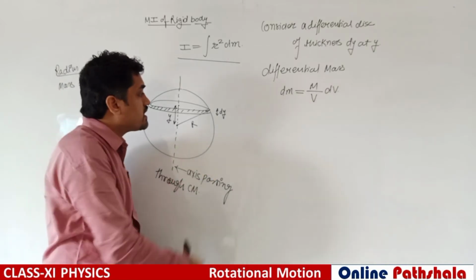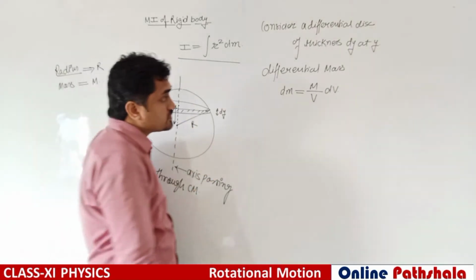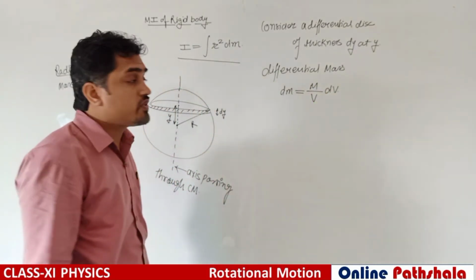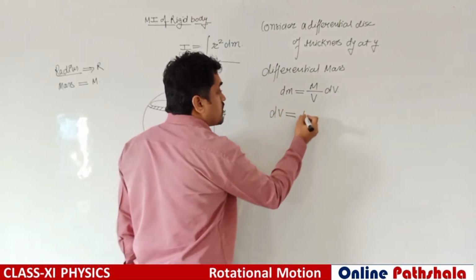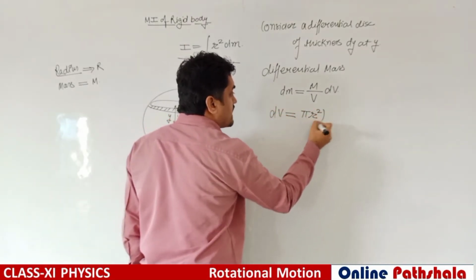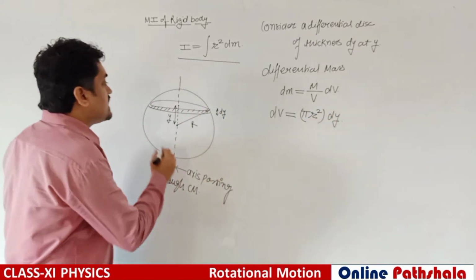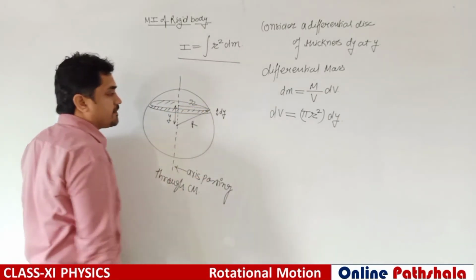It is a solid sphere and mass is totally distributed over the volume. What is the differential volume of the disk? It is the area pi r square into thickness dy, where the radius of the disk is small r.